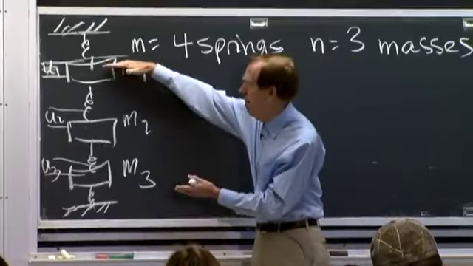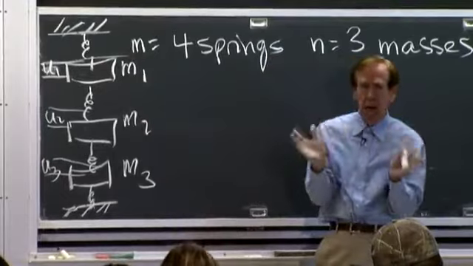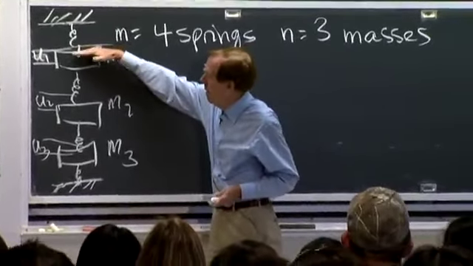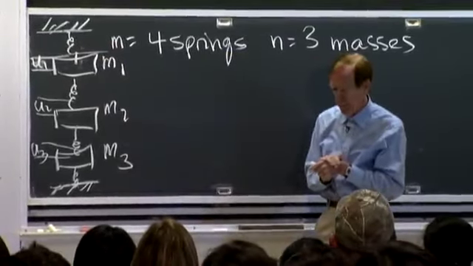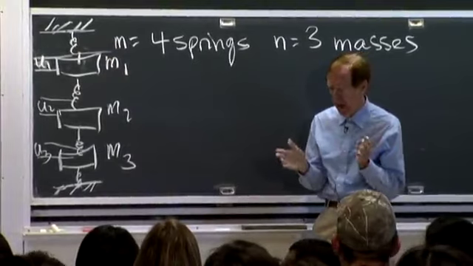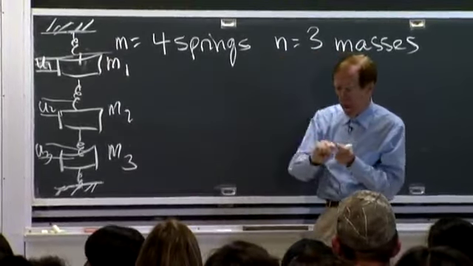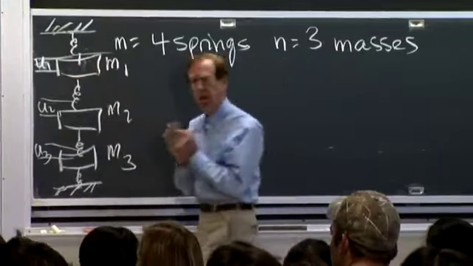So what's the key equation going to be? When this moves down, it will stretch that spring. Hooke's law will say there's a force, the spring pulls back. The spring pulls back with a force proportional to the stretch.